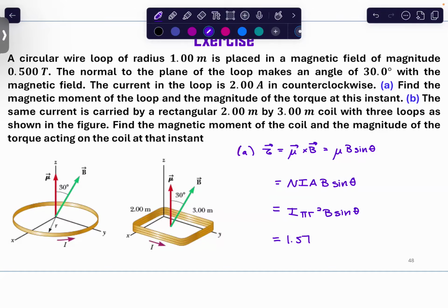Amps times meters squared times Tesla gives you the newton meter, which is the what? The joule. Torque is an energy. It's always going to be in joules.